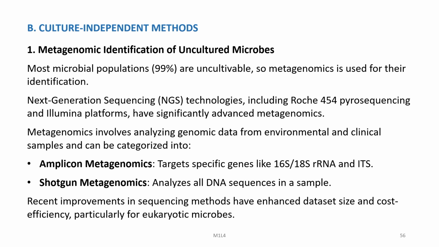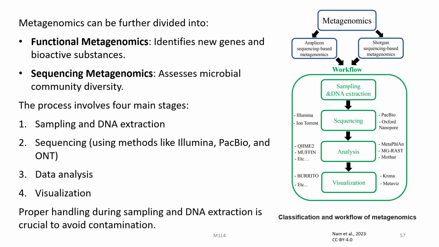The first one targets specific genes like 16S, 18S rRNA and ITS. The second one analyzes all DNA sequences in a sample. Recent improvements in sequencing methods have enhanced dataset size and cost efficiency, particularly for eukaryotic microbes. This process involves 4 main stages. Number one, sampling and DNA extraction in both the cases, whether it is amplicon or shotgun metagenomics.